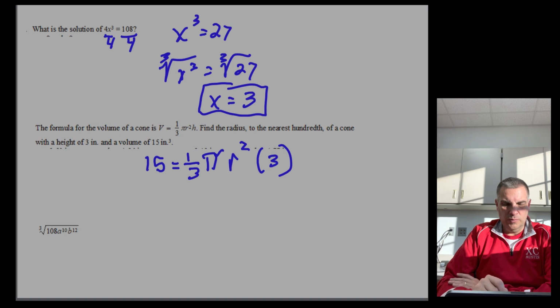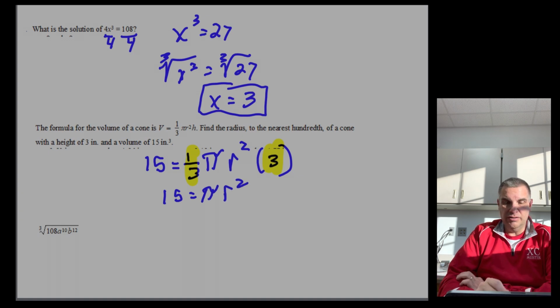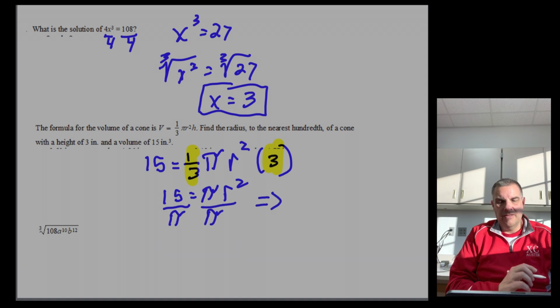Okay, so now we simplify. 1/3 of 3 is just 1. So we're left with 15 equals pi r squared. Since we have to round to the nearest hundredth, we're going to go ahead and divide both sides by pi. I'm going to go this direction with it.